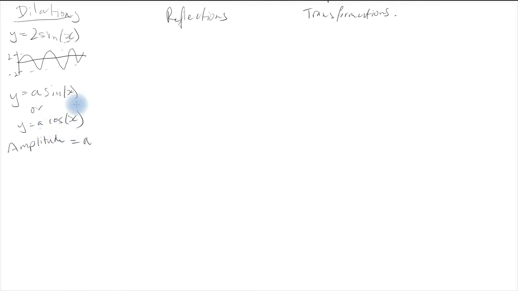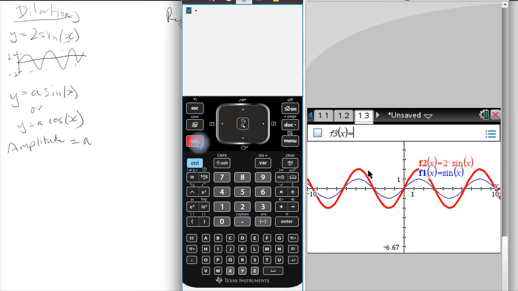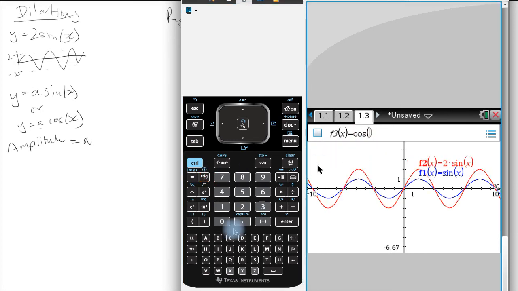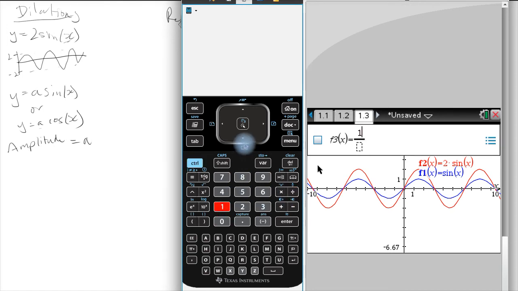So let's do one extra example. Let's suppose, let's plot another one. So let's say we have, let's do the half first, half cos x.